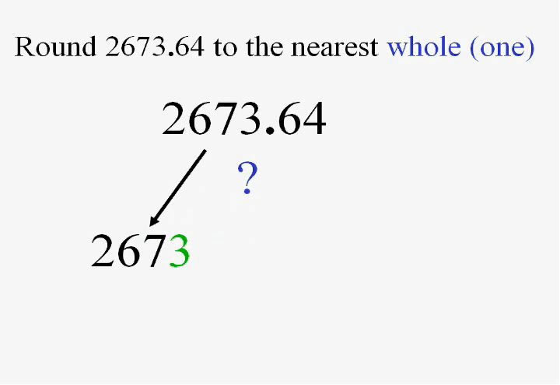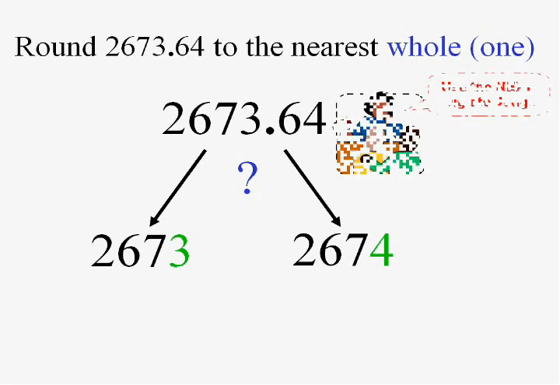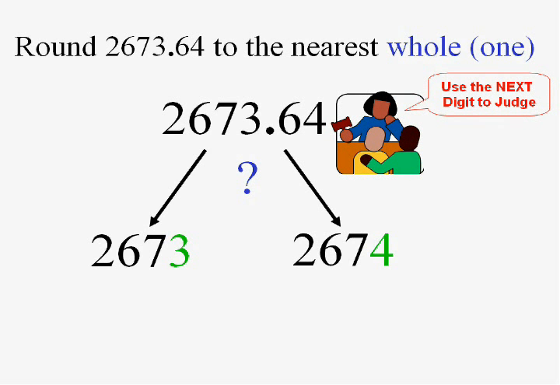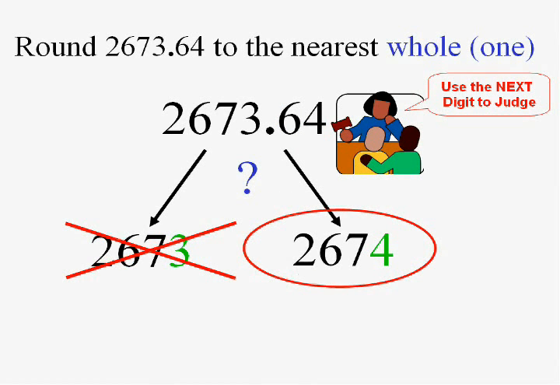So it's either going to be 2,673 or 2,674. Everything else is the same. We're still going to use the next digit. And we know with 6 that we go up. So that's your answer, rounded to the nearest whole, or to the nearest ones digit. You'll do that in science when you're dealing with living things. We can't have a half a person in reality.